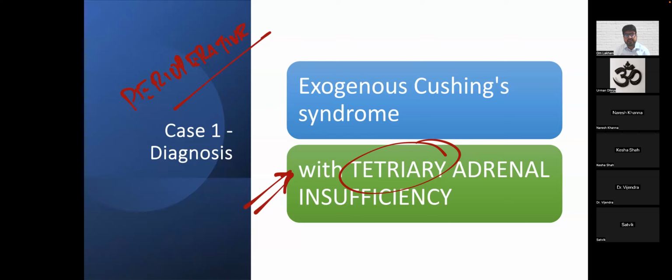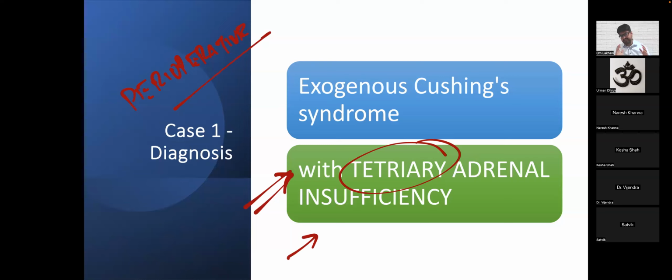It's very important that these patients are treated as having tertiary adrenal insufficiency until we prove otherwise, and given glucocorticoids perioperatively, because at this point this patient would have increased physiological demand for glucocorticoids, which will not be matched by the patient's own endogenous production. So this is very important from a physician's perspective.